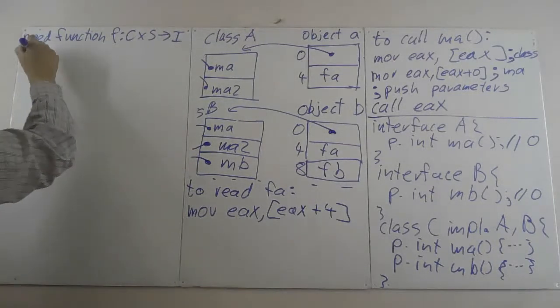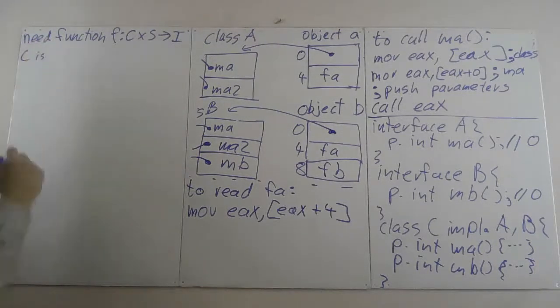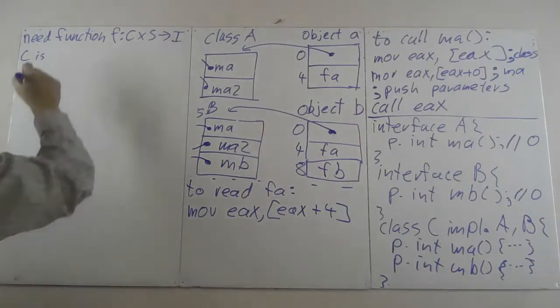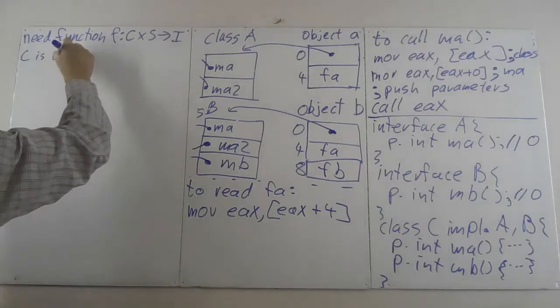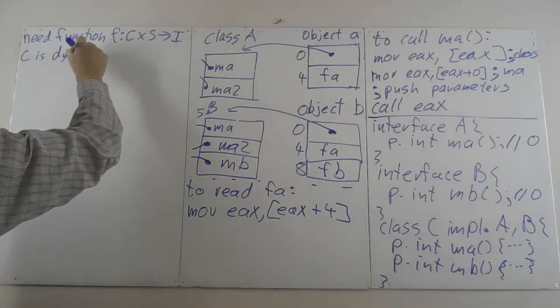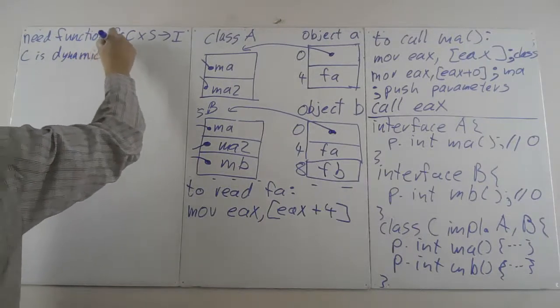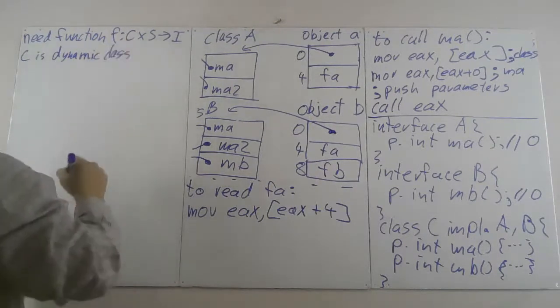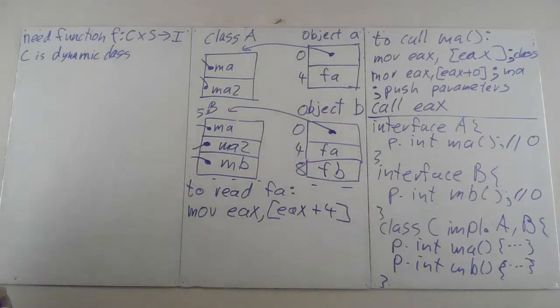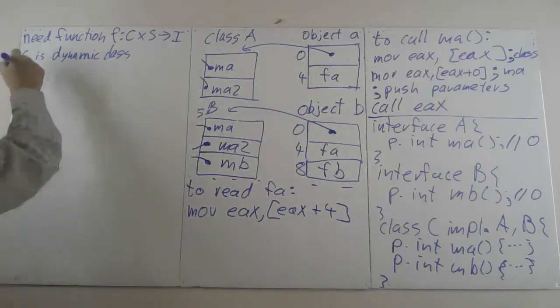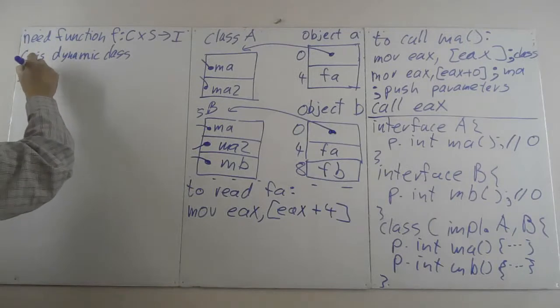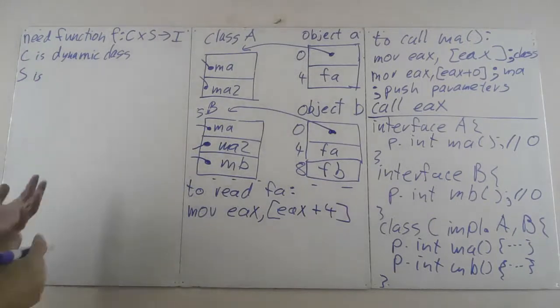Here C is the dynamic class of the object that we're calling the method on, and S is the method signature.